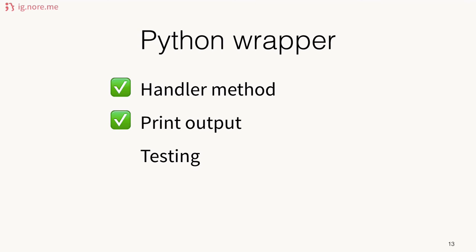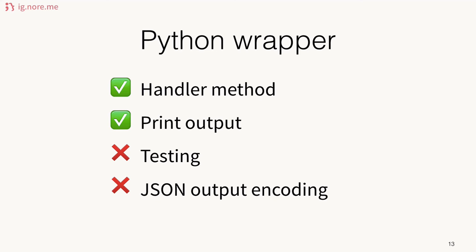It was hard to call things. The last thing that I ran into though was the most important and annoying one, which is that the JSON output that my application would generate would actually be encoded again by the Python wrapper, which means that when it was sent to Slack, it couldn't handle it. And this basically meant that it was useless.